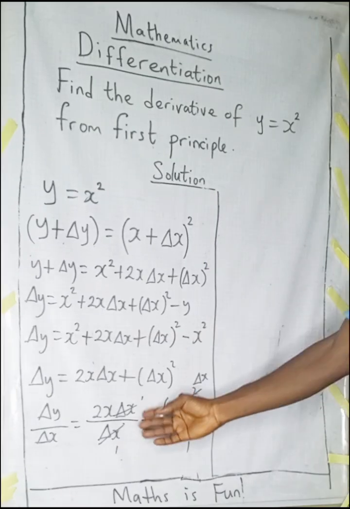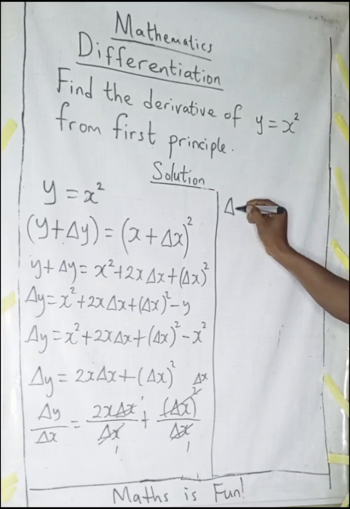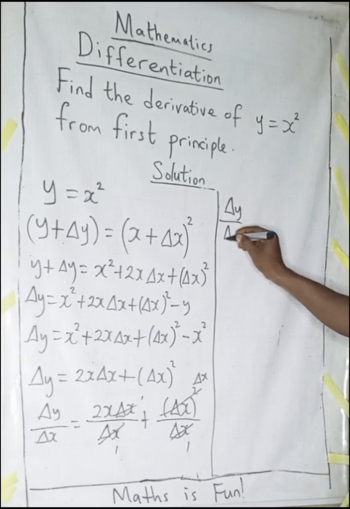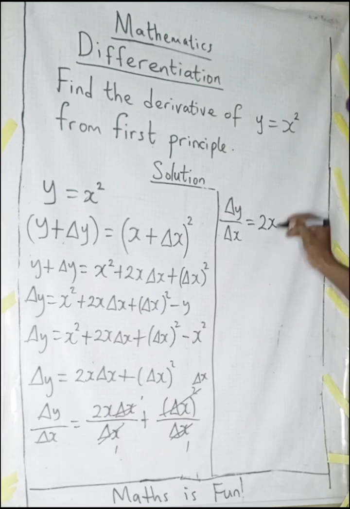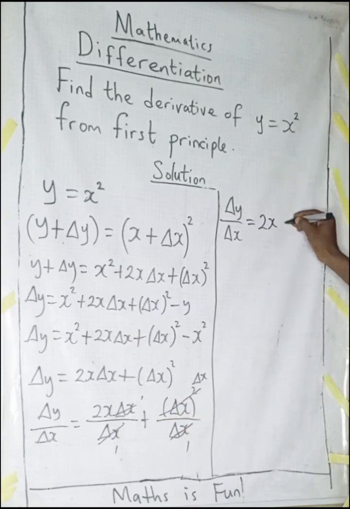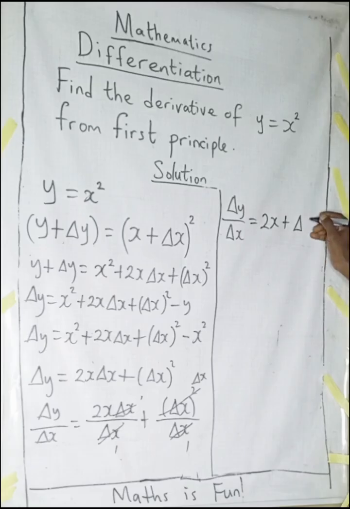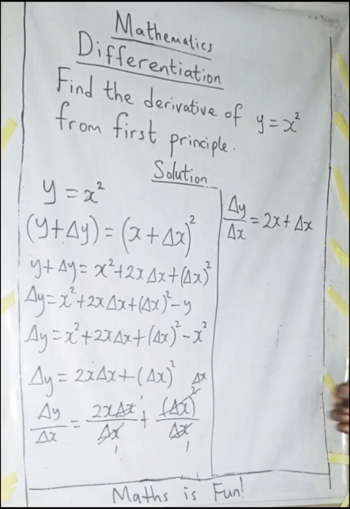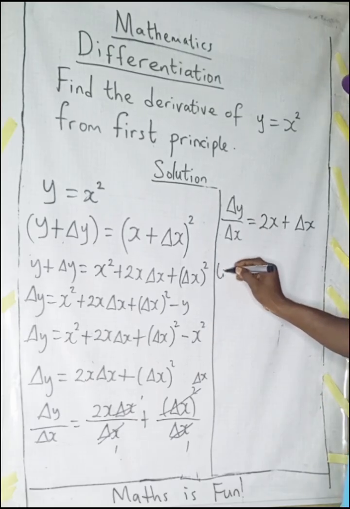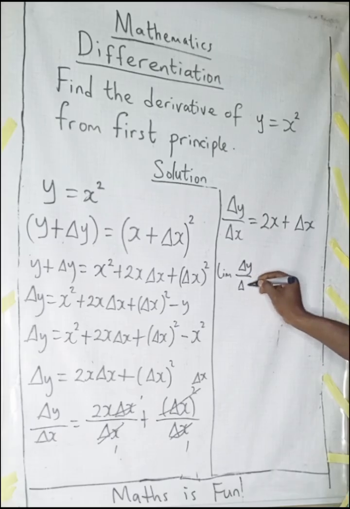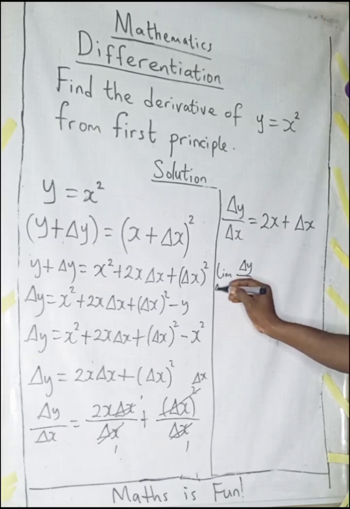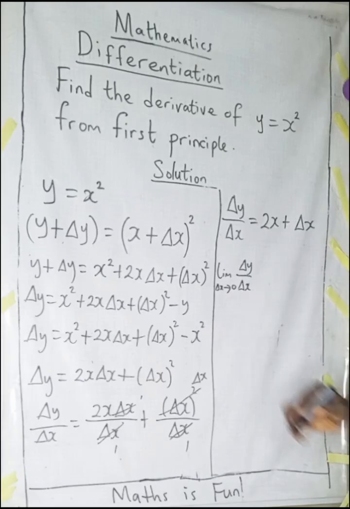So what we have from here, we have that change in y over change in x will give us 2x plus change in x. So what we do next, we're going to find the limit of change in y over change in x as change in x tends to 0.